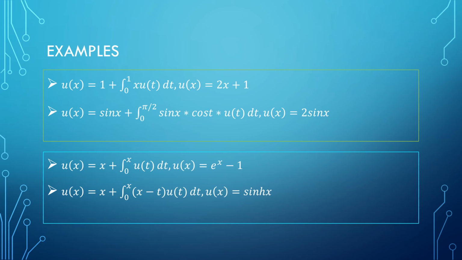I want to talk about u0 of x, okay? Commonly, we put u0 of x equal to 0, 1, or x. Does that affect the answer? No, it just affects the speed of obtaining the answer.